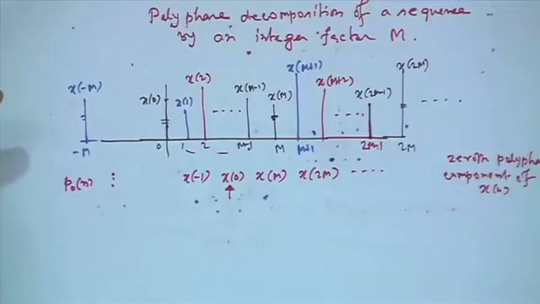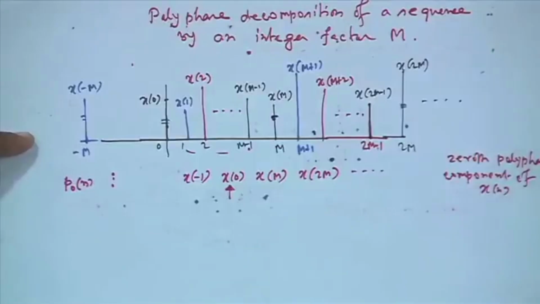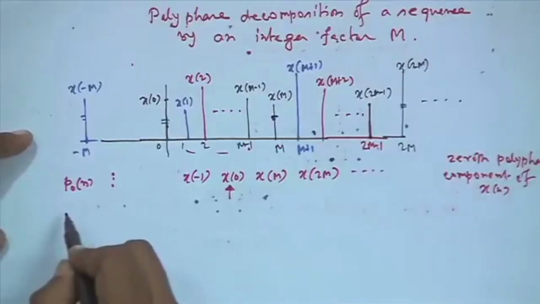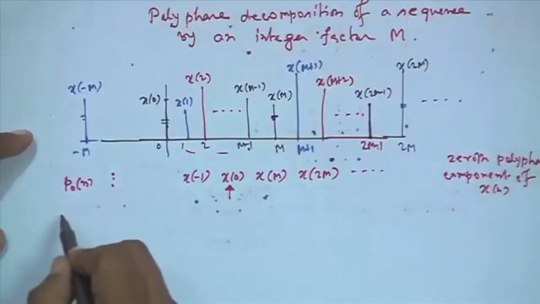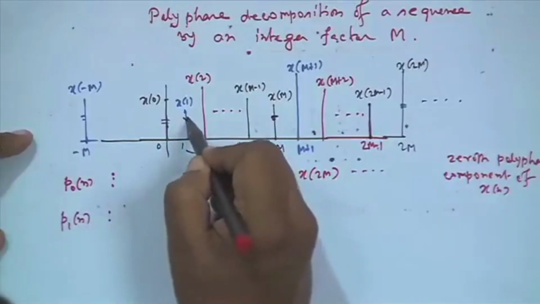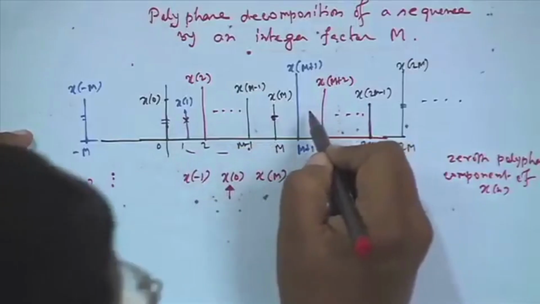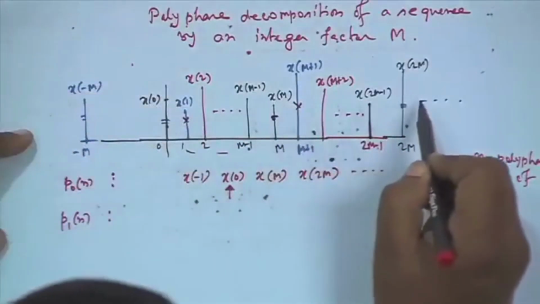Then suppose I take the next one, P1n. I take this sample x 1, x m plus 1, that is at a gap of m, x 2m plus 1.